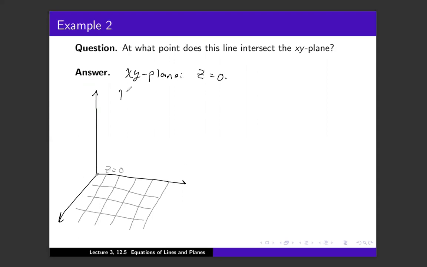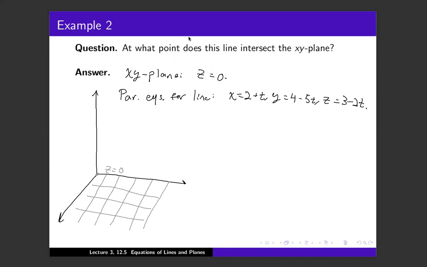Now our parametric equations for our line were x equals 2 plus t, y equals 4 minus 5t, and z equals 3 minus 2t, is what we said.